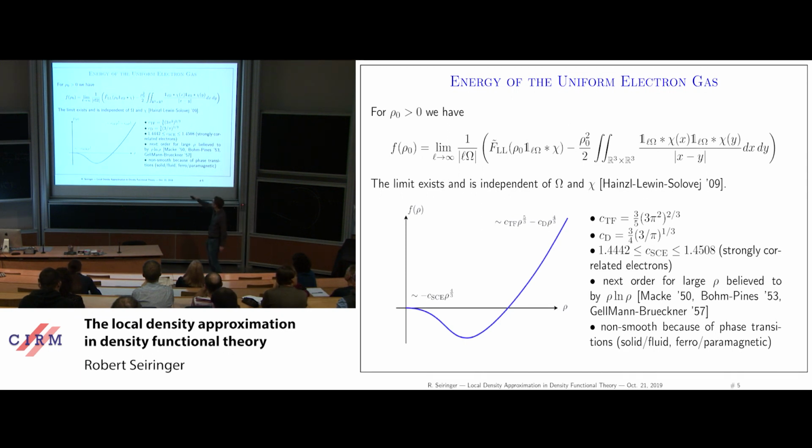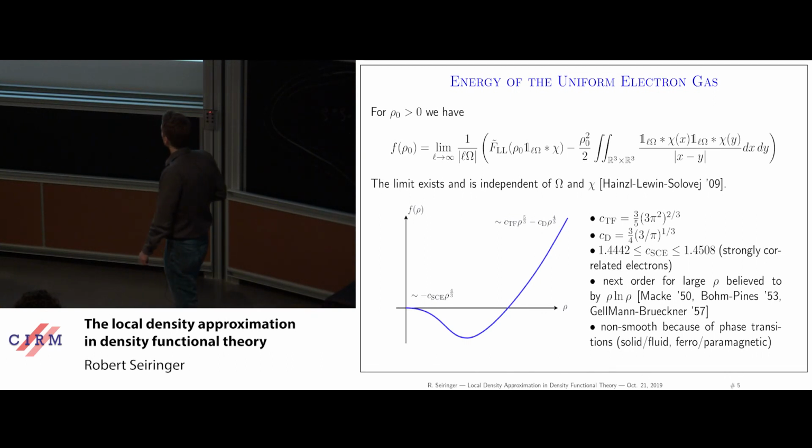Higher order corrections are known in the sense that they are conjectured, they are explicit conjectures in the physics literature, known as the Gell-Mann-Brueckner formula, going back to work in the 50s. The next order term is believed to be of the order rho log rho, and there will actually be some talks later this week concerning this problem.